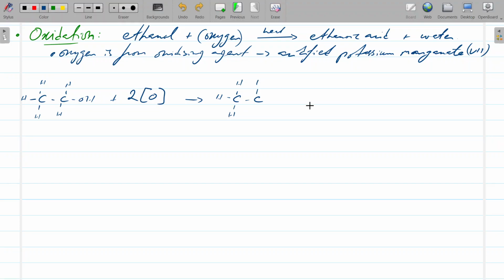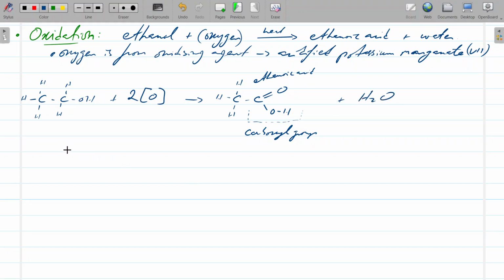And this is what it looks like now. And this part is called the carboxylic acid group or carboxyl group. And so this is ethanoic acid. And obviously you're getting water.